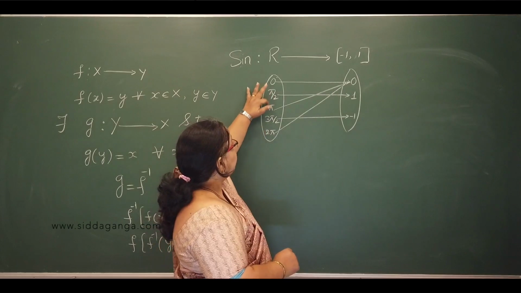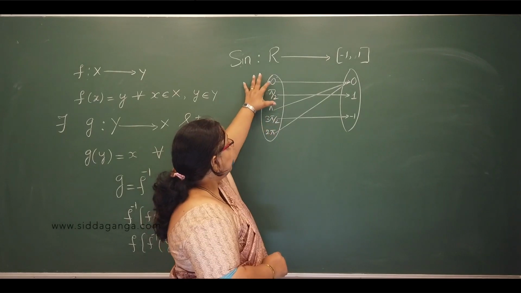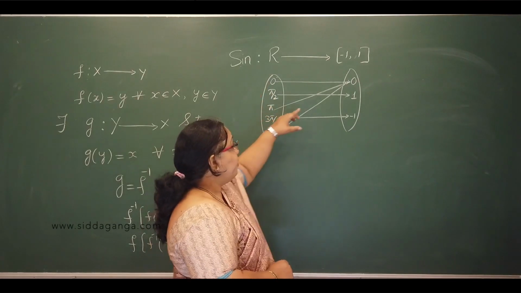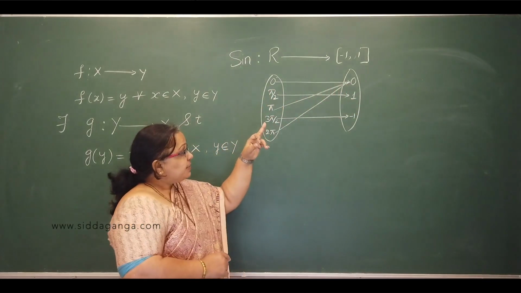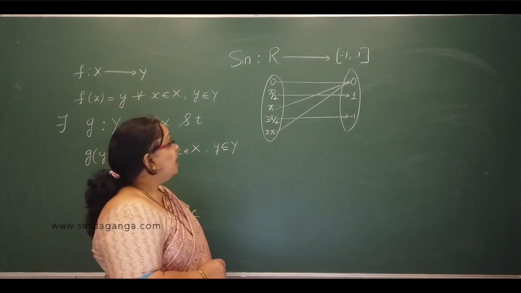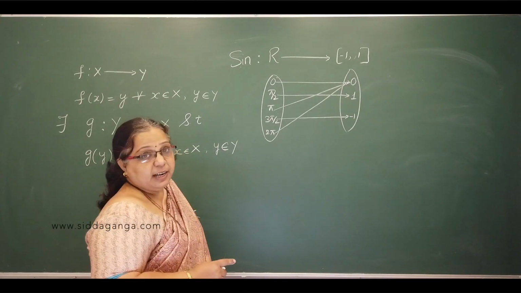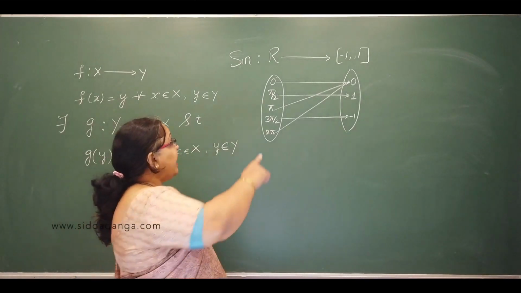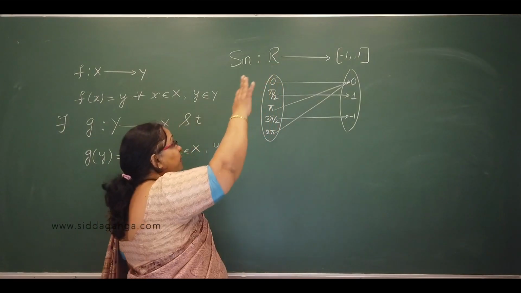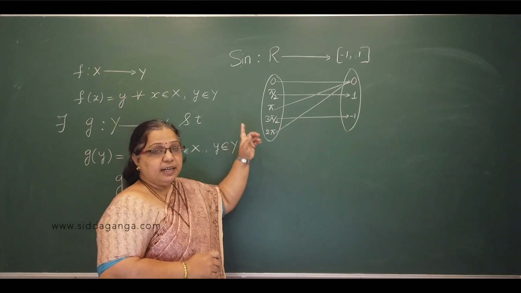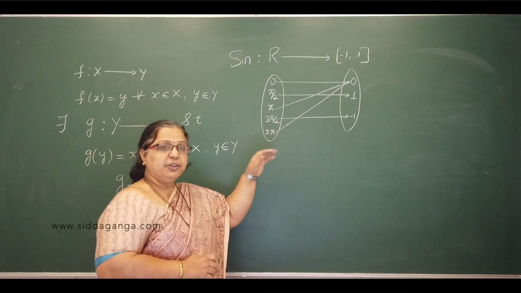These three elements are different in the domain. That means distinct elements in the domain have the same image. Since these three different elements have the same image, the sine function does not satisfy the bijective, one-one condition. Hence in its actual domain, if you consider the whole domain, the sine function doesn't become a one-one function, that is, it doesn't become a bijective function.